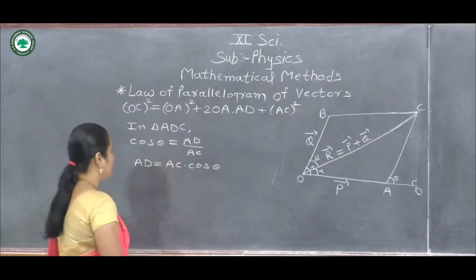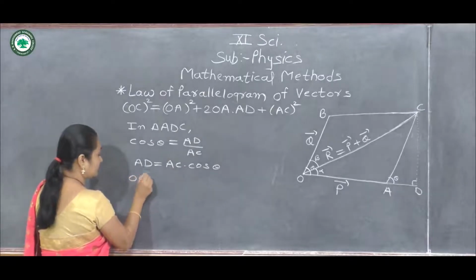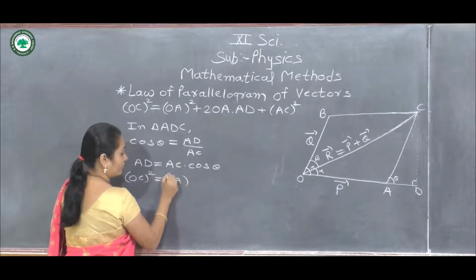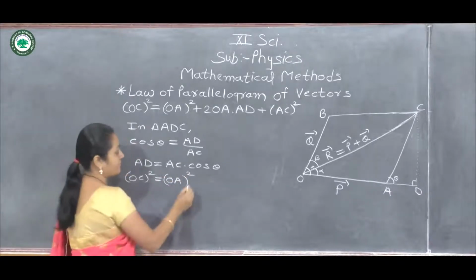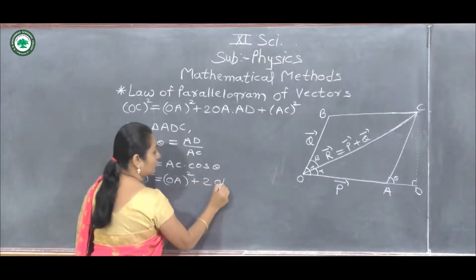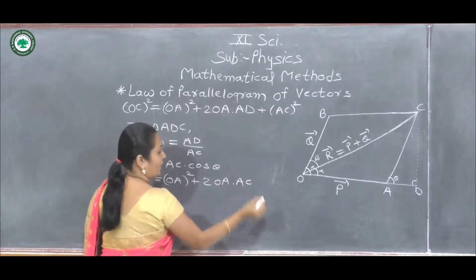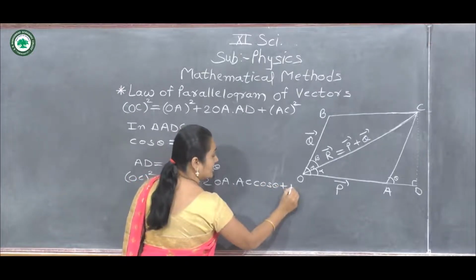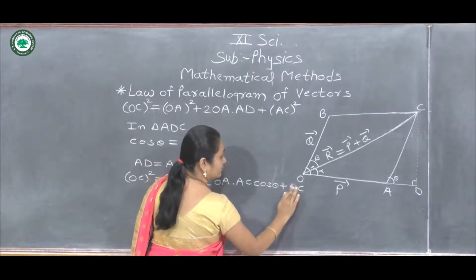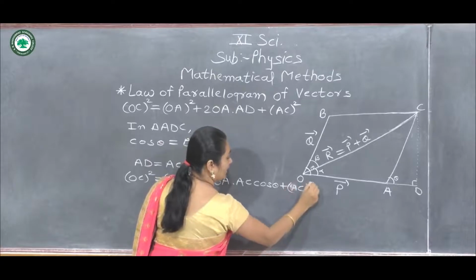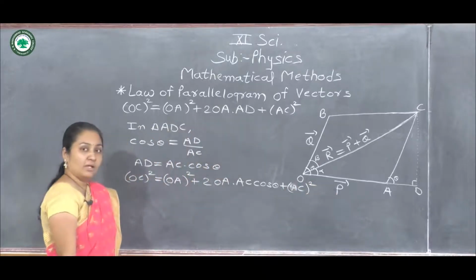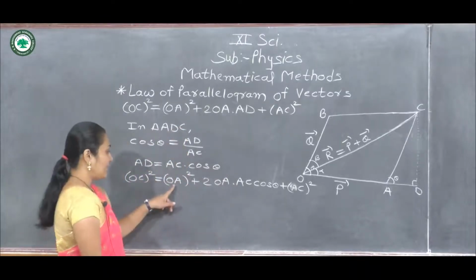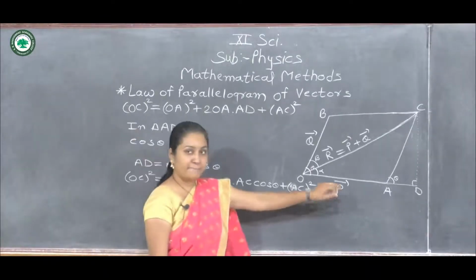Then we can write the equation as OC square equal to OA square plus 2 OA into AC cos theta plus AC square.